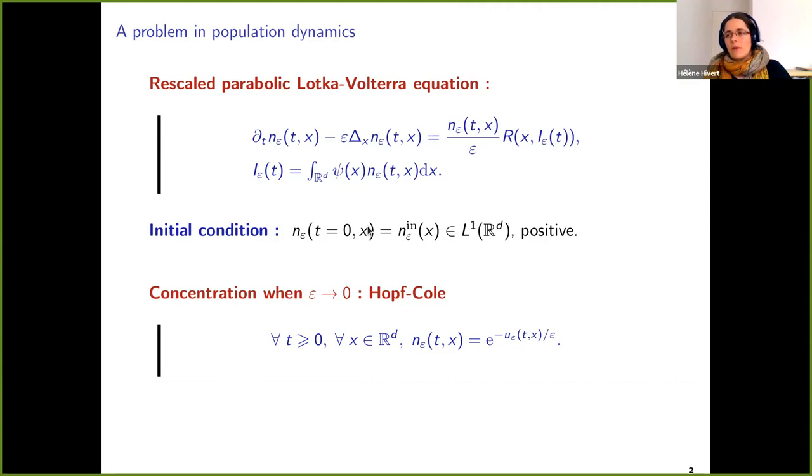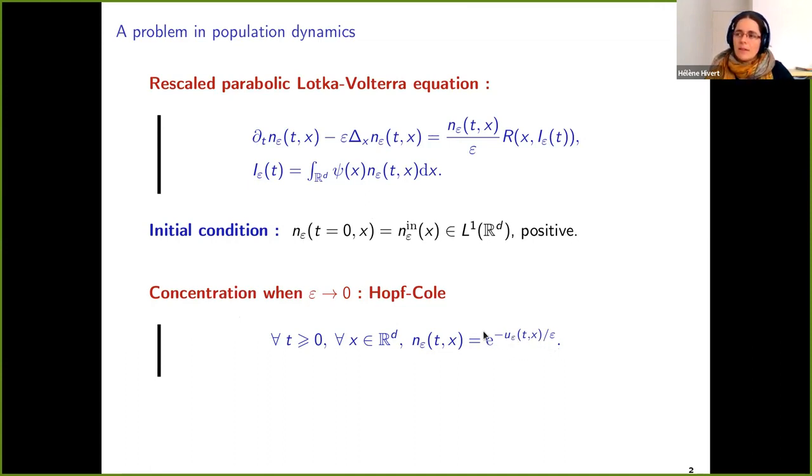One way of eluding the problem is to change the unknown and to apply a logarithmic transform of n, meaning that n is exponential of minus u over epsilon.